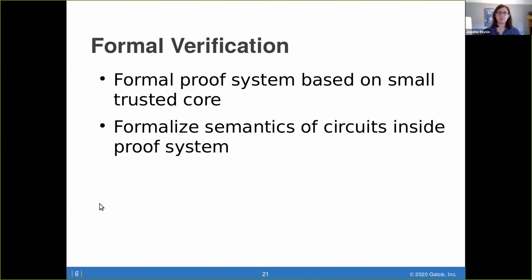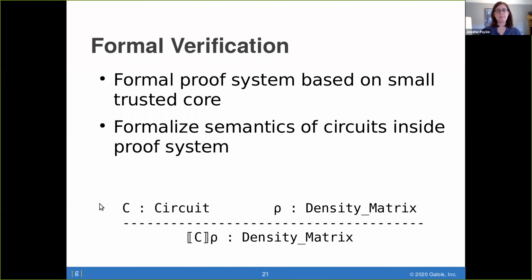So in this case, we're going to formalize the semantics of circuits inside of a proof system. And what that's going to look like is if we have a circuit C and a density matrix, rho, which is one of these matrices, then we can apply the semantics of C to rho, and that's going to give us a new density matrix. So in other words, rho is the input state.